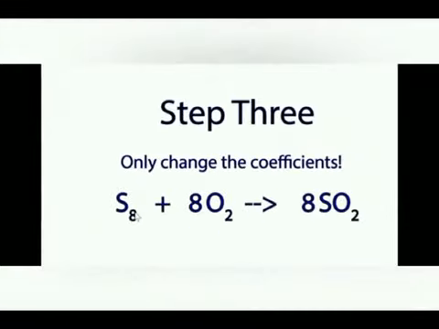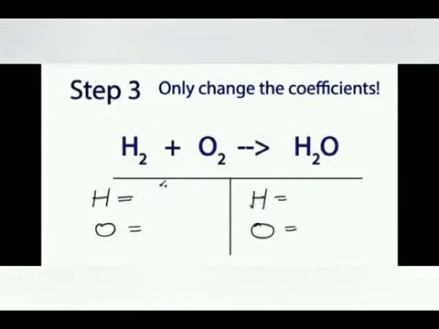Next, Step 3. Only the coefficients you have to multiply, not the suffix. That's very important. Now take another equation: H2 and O2 on the LHS, and H2O on the RHS. Hydrogen is 2 and oxygen is 1 on the RHS. Now to balance hydrogen, you multiply with 2. Therefore 2 2s are 4.